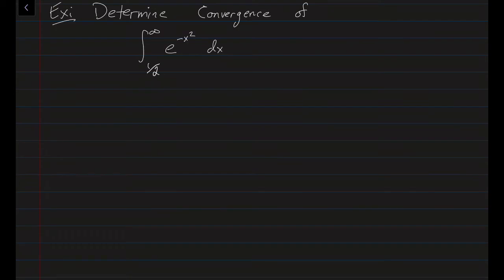Next, let's take a look at the same example that we just did, but instead of from 1 to infinity, we're looking at 1/2 to infinity. So we want to compare it to 1 over e to the x. But we can't quite do it just yet, because if we look at the graphs, 1 over e to the x looks something like this.